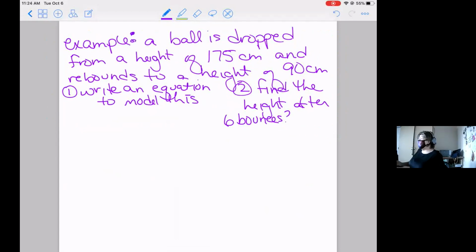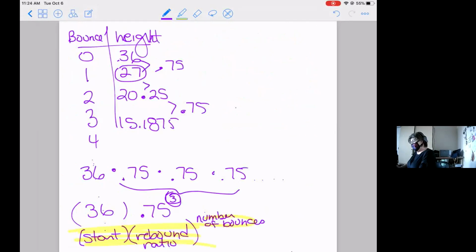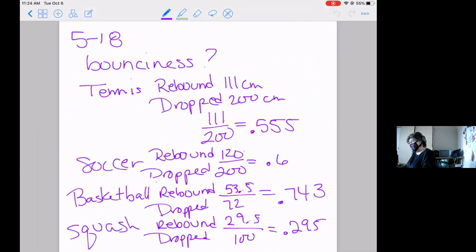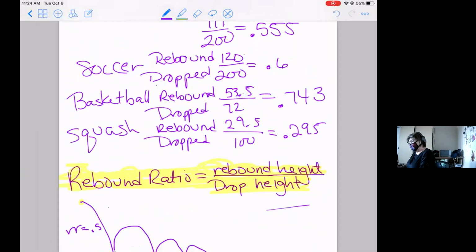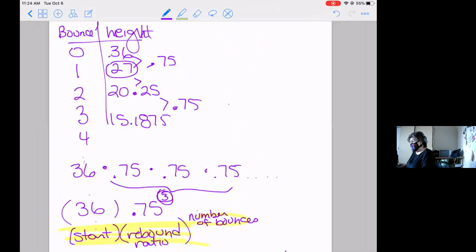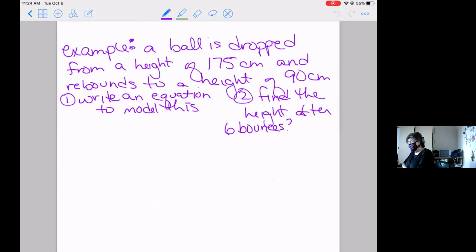So what's the first thing we need to find to write our equation? The slope. It's not called slope. It's called the rebound ratio. So how do I find the rebound ratio? Step 1 is to find the rebound ratio.